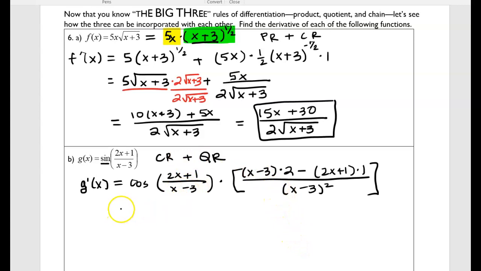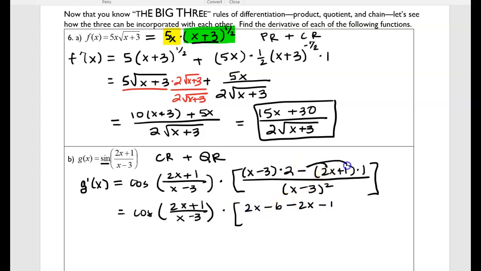I'm going to go ahead and simplify this a little bit more. We have cosine of 2x plus 1 over x minus 3. Now, one important thing to note is that is attached to the cosine. You cannot combine it with any of these other things that we do. That is inside of the cosine. It will not let it go. We have times then 2x minus 6 minus 2x minus 1.